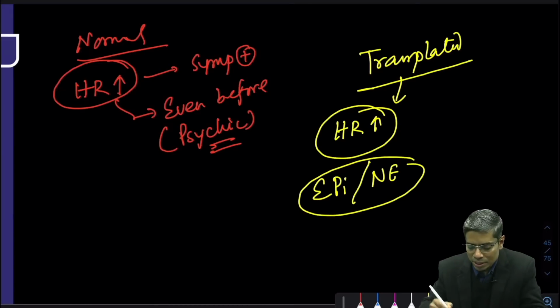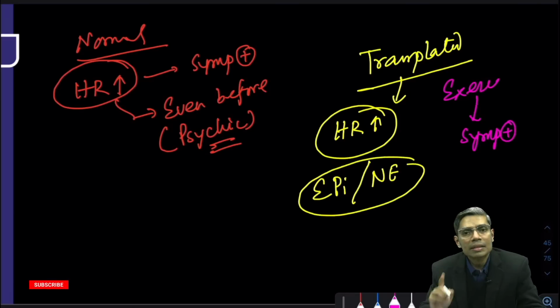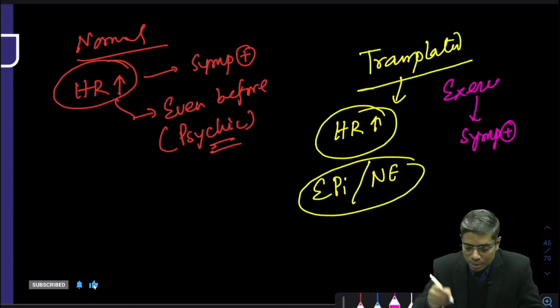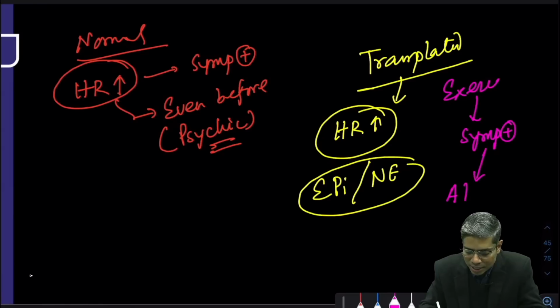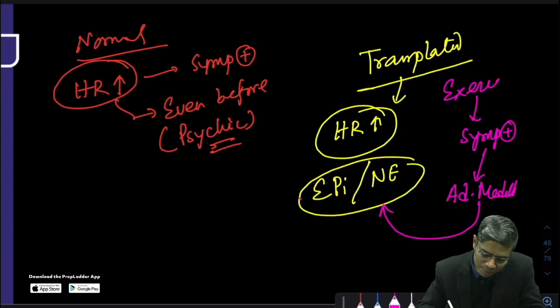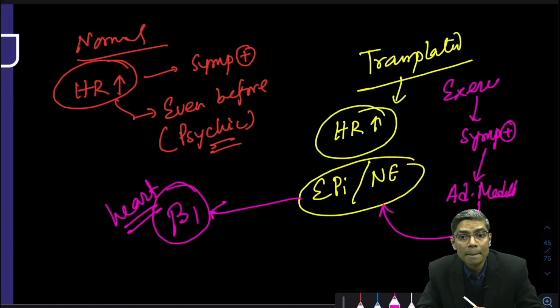What will happen? When the transplanted heart person is doing exercise, there will be stimulation of the sympathetic system. Look at this, the sympathetic system is not going to affect the heart directly, no, but this sympathetic system will stimulate the adrenal medulla, and this adrenal medulla will secrete epinephrine and norepinephrine. That epinephrine and norepinephrine is going to act on the beta-1 receptor which is present on the heart cell membrane.